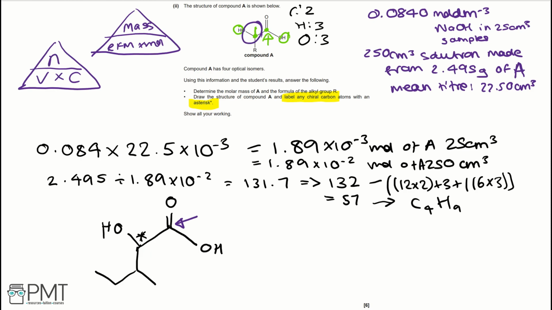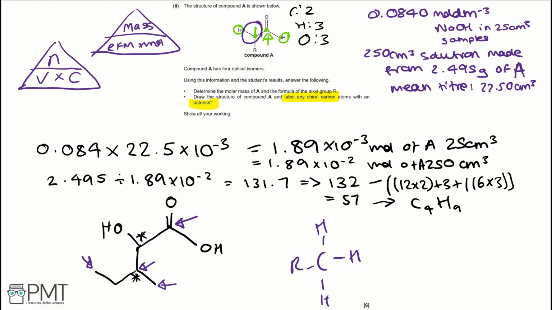That would make this carbon a chiral carbon atom. Moving along, if we look at our next carbon atom here, this also would have a chiral center because we have 4 groups attached. We've got 3 that we can see plus a hydrogen. On the ends of the molecule, here and here, they would be CH3 groups, and if we drew a CH3 group, we can see that we've got 3 hydrogens and an R group.